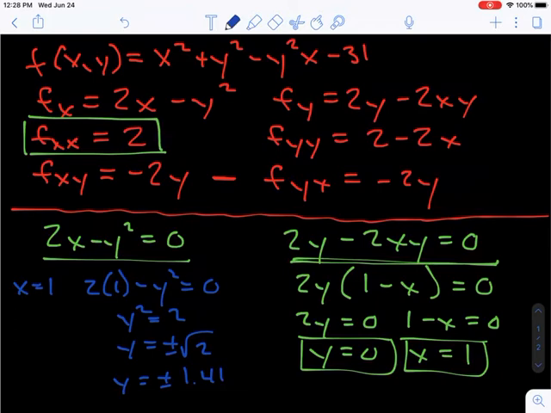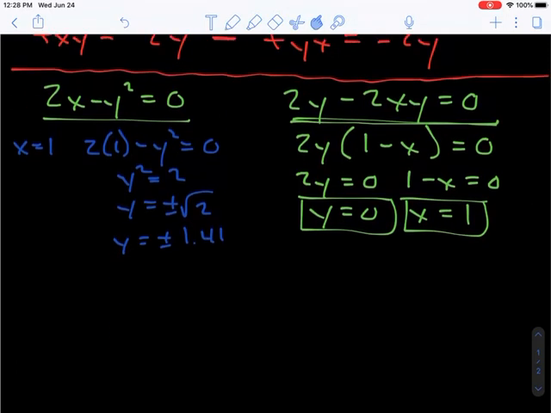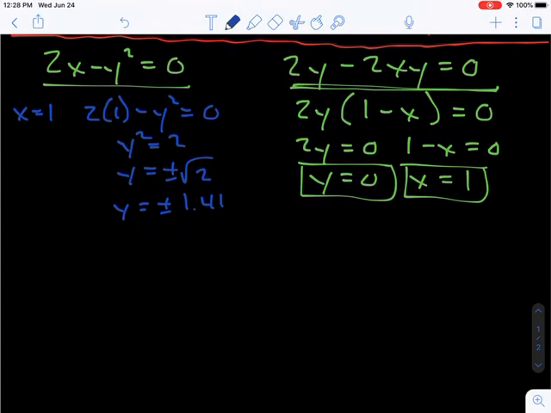Well, now we have to do the same thing with y equals 0. So when y is equal to 0, we end up with 2x minus 0 equals 0, or x equals 0.